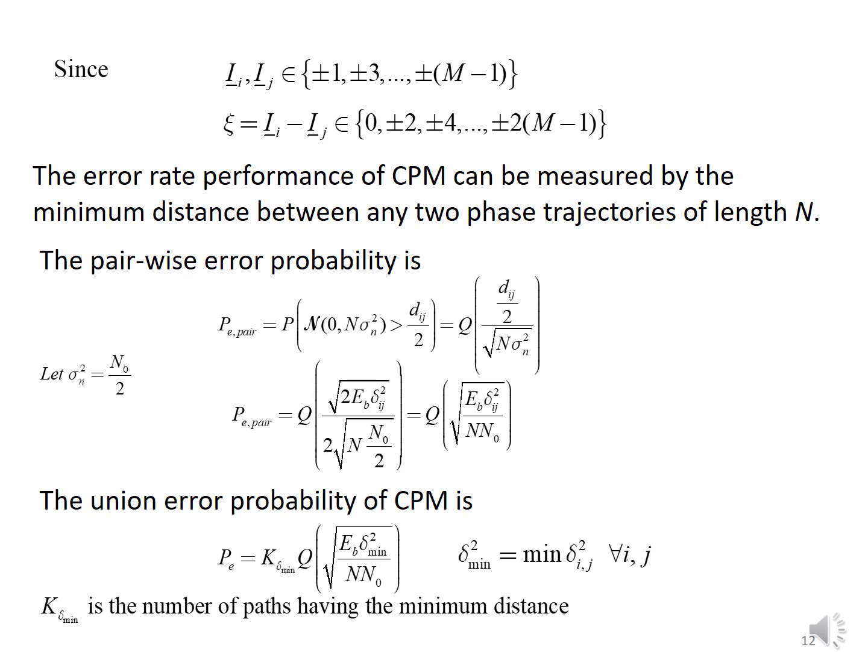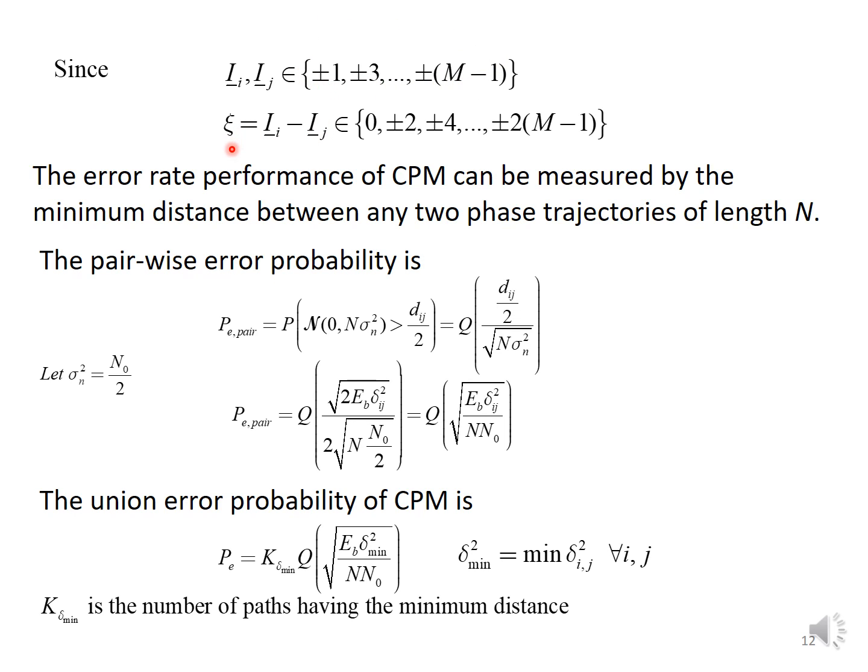Okay, and let's use this result to find the error probability representation. Here, the sequence I and sequence J, the symbols are M-ary PAM modulations, right?